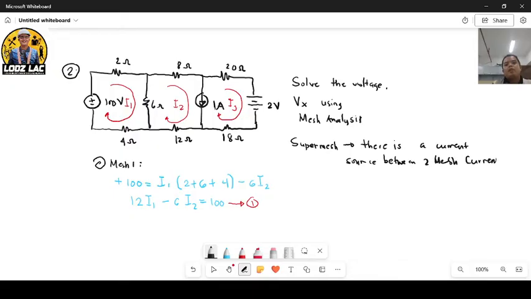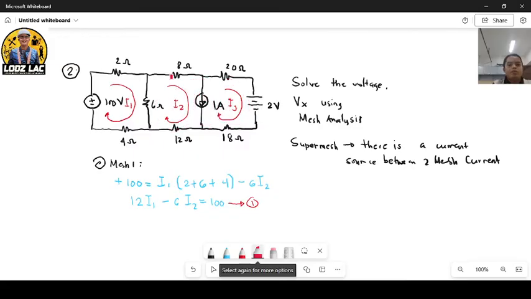This is between mesh 2 and mesh 3. I have here a current source between the two mesh currents I2 and I sub 3. So we cannot have the KVL in mesh 2 alone, considering there is a current source.